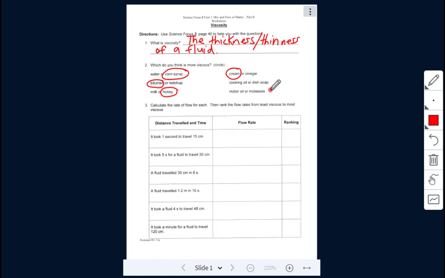I don't know if you guys remember from the video last class, but it was the dish soap that was more viscous. And lastly, motor oil or molasses. Yeah, it is the molasses.